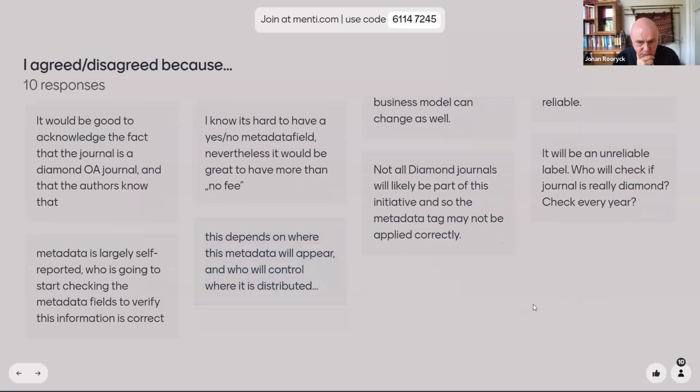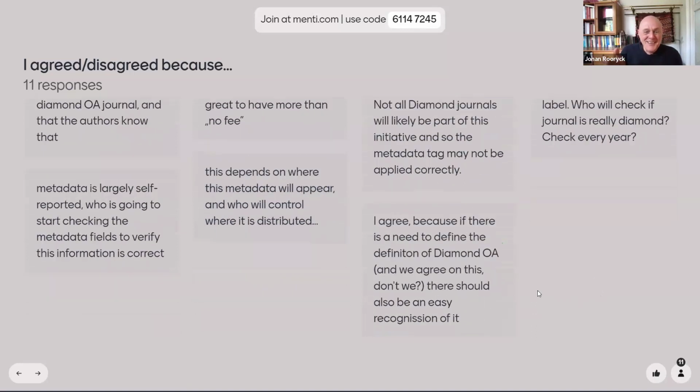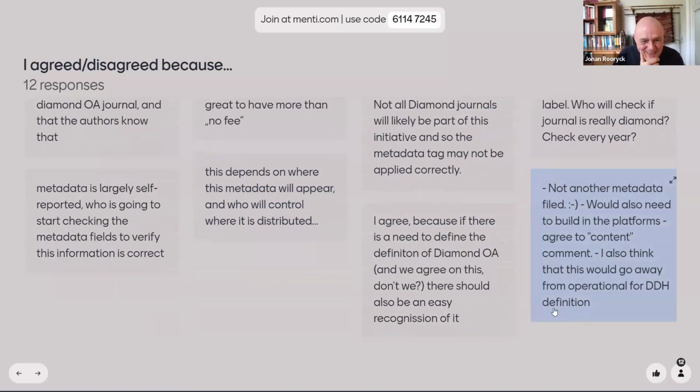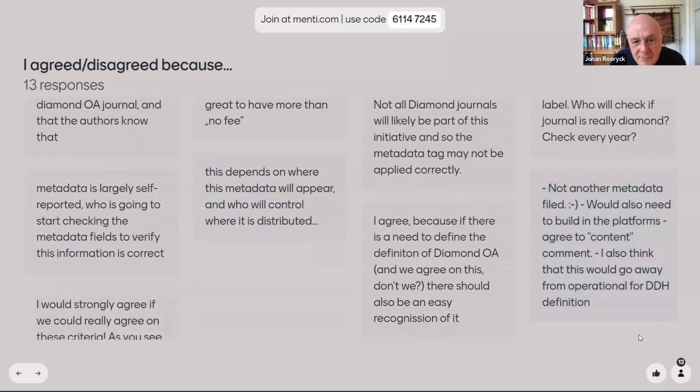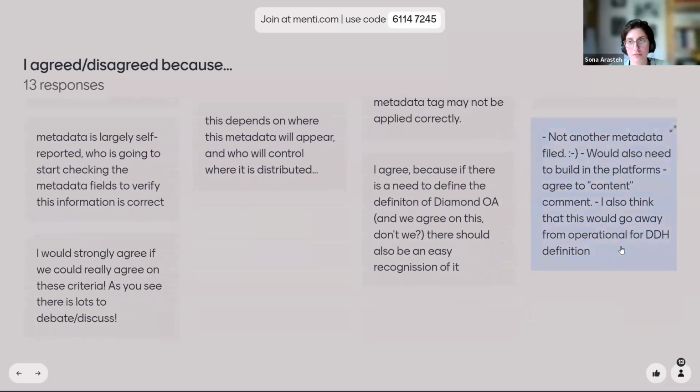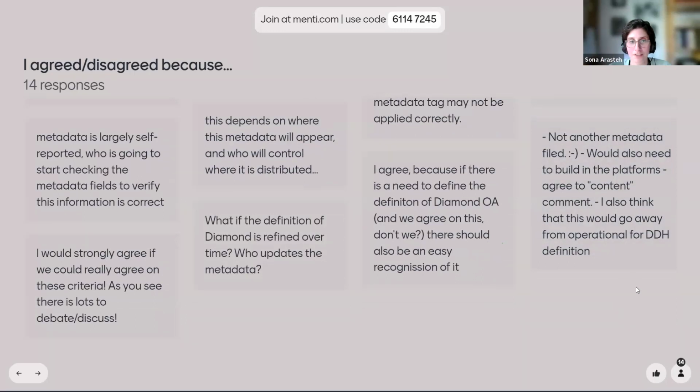I didn't say it was going to be easy, people. Okay, so the question is how far this definition would fall into line with the definition we are currently working on. So I think this is actually something to think about.